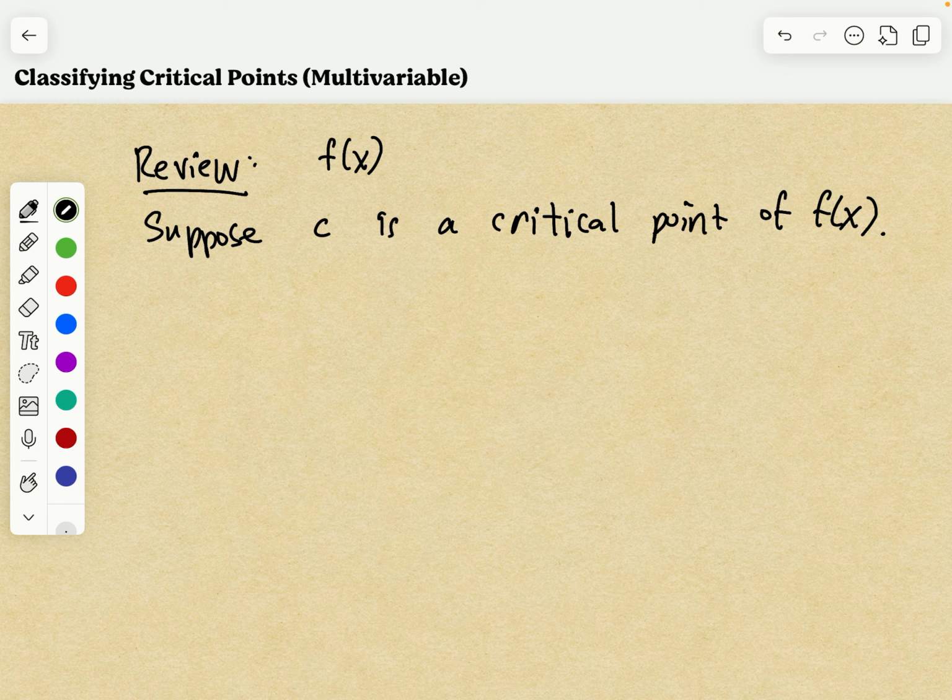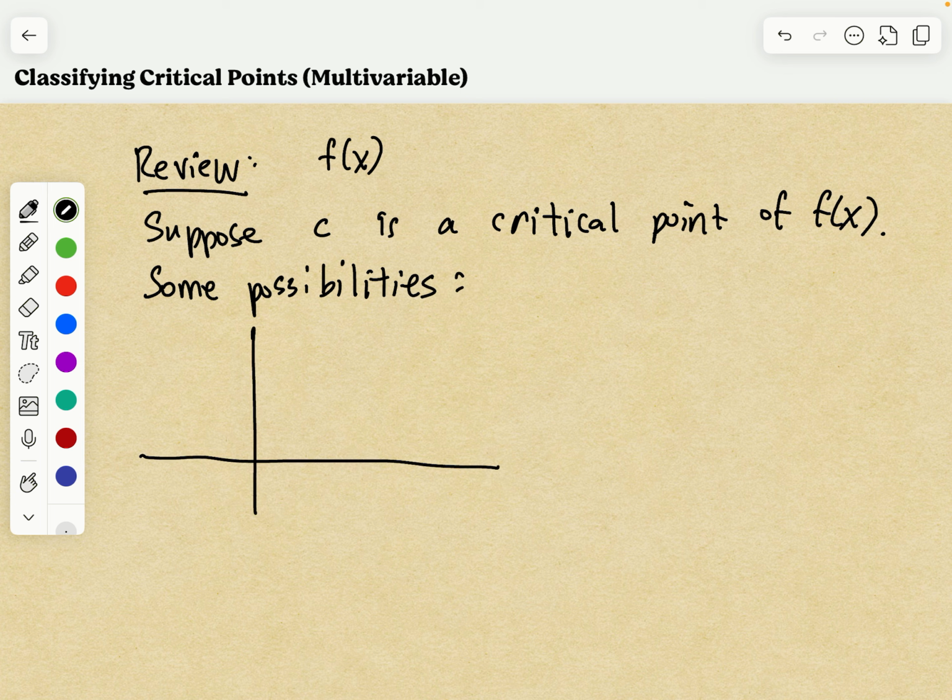might be a local maximum or local minimum point. So some possibilities of what happens when x is c: let's say that f of c is this y value. So this is f of c, it's the point c comma f of c.